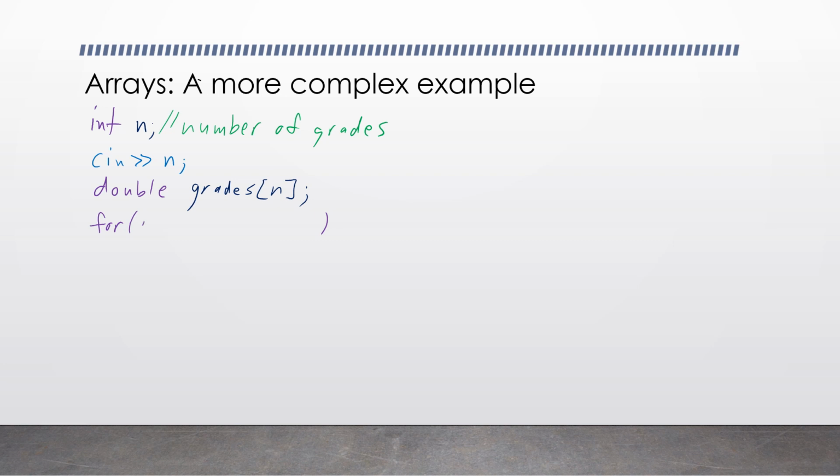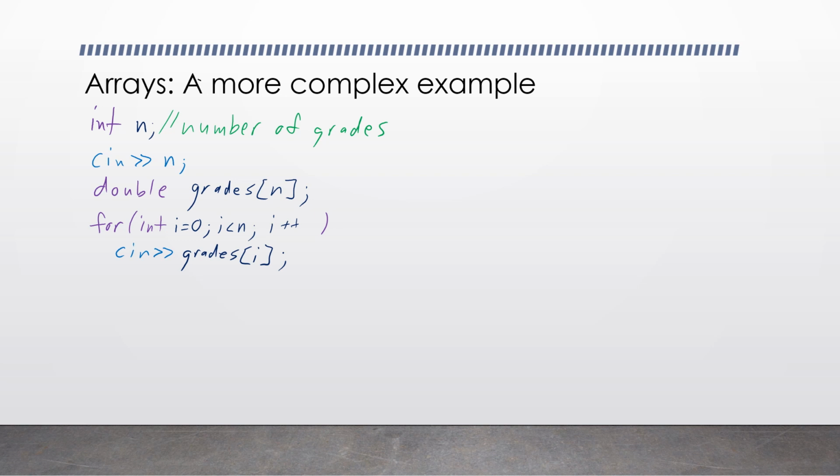For int i equals 0, i less than n, i plus plus. For each one of these i values between 0 and n, we're going to cin grades at i. Okay.